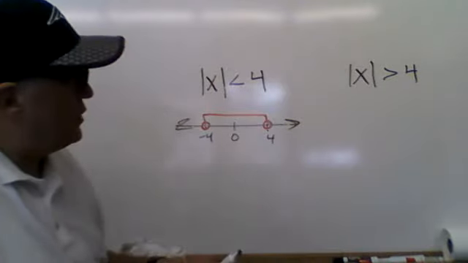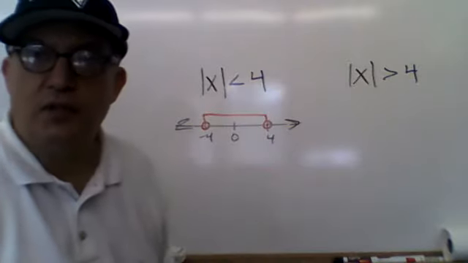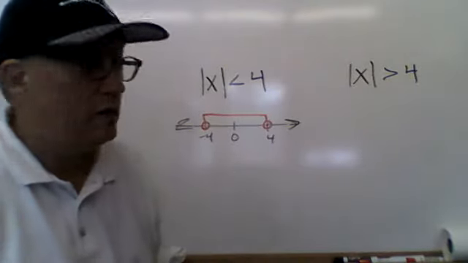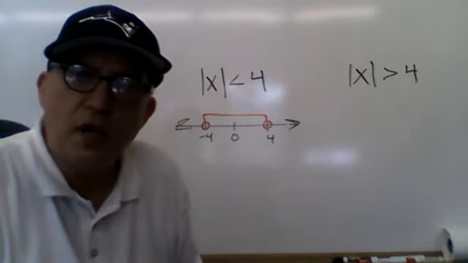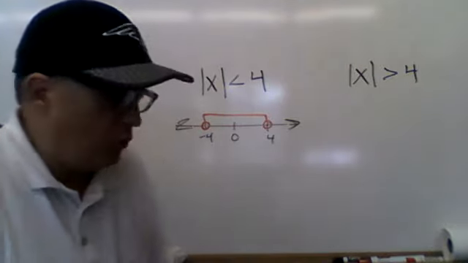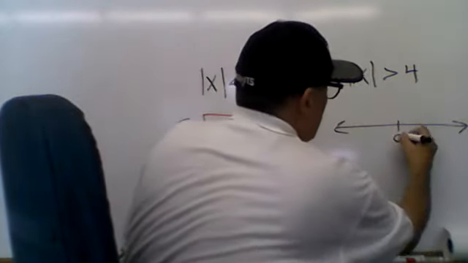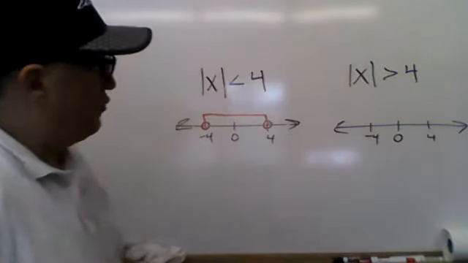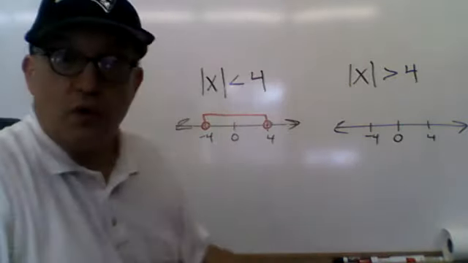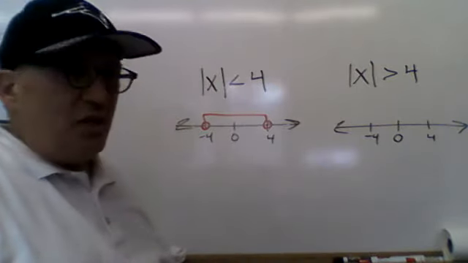So there's the first one. Okay. Let's go on to the second one, and then we'll come back and talk about how to represent these solutions algebraically. The other one asks a completely different question. Where are the numbers that are more than 4 units away from 0? We'll set up the number line the same way. The only numbers we need to indicate on this number line are the 4 and the negative 4, and we'll put 0 right in the middle between them. So just think about it.